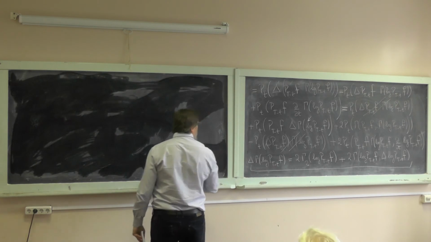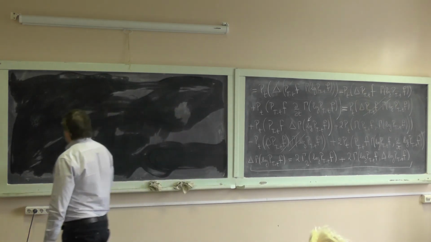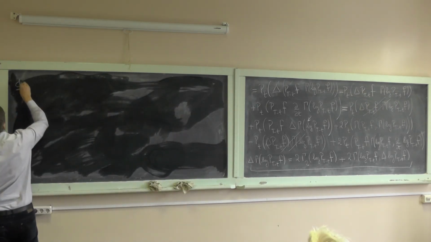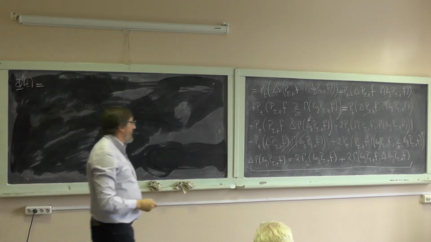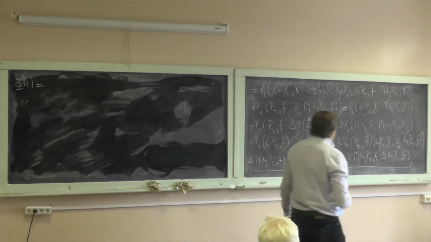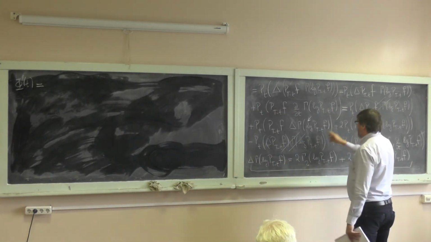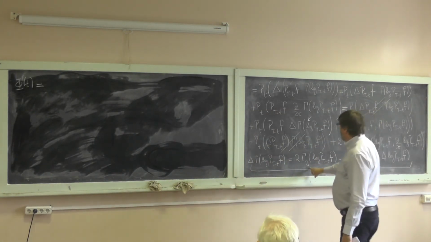What we have so far is that phi prime t is equal to. So this is gone, so this one is substituted by this.